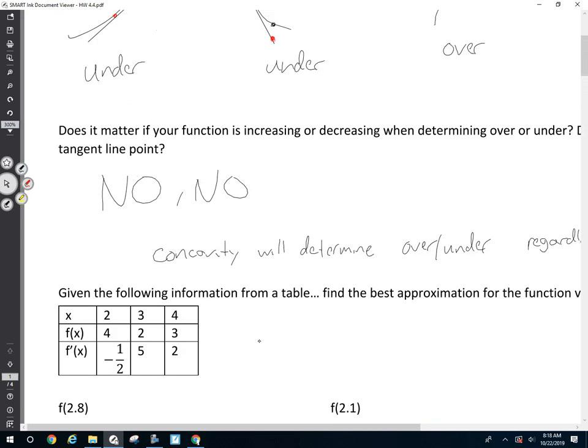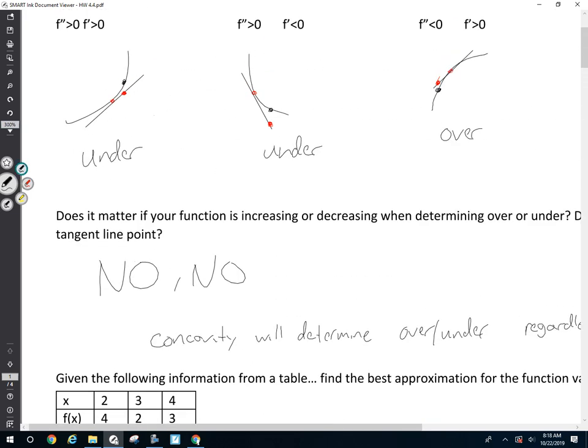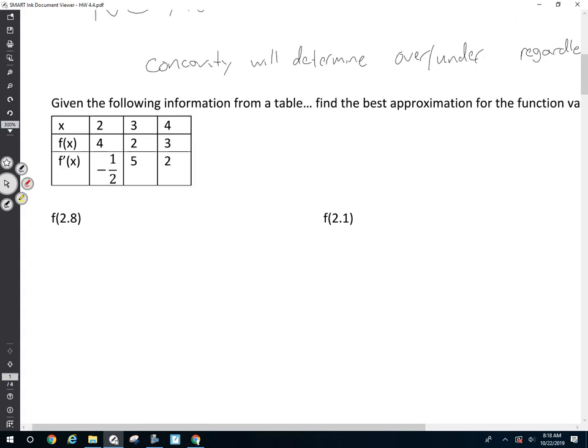If I wanted to approximate a point all the way up here, I might not use this point here; I might use a closer point where my tangent line would be a better approximation. So it's very important to pick a point that's close to the value you're trying to approximate. Here, 2.8 is close to 3. So I'm going to use f of 3, which is 2, and f prime of 3, which is 5.